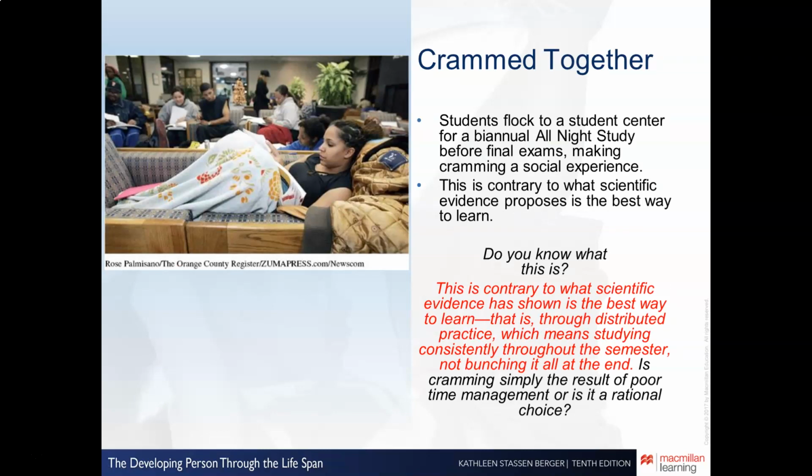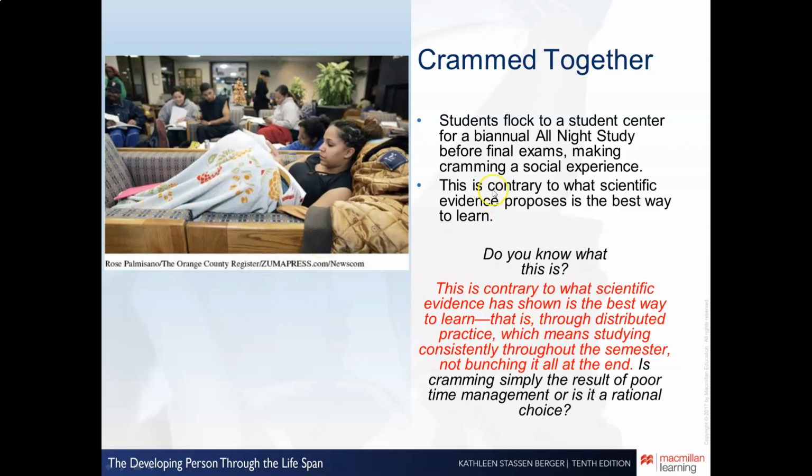This is something that's very important to all of us, especially when it comes to learning. This is just a very quick scenario. You can see at a college, students are crammed together, probably in a dorm room, it looks like, or just a room to study.